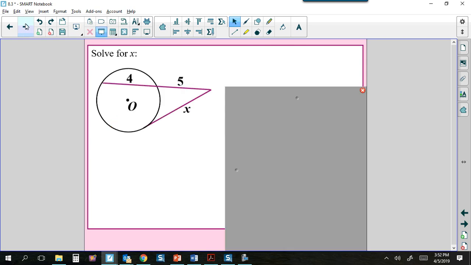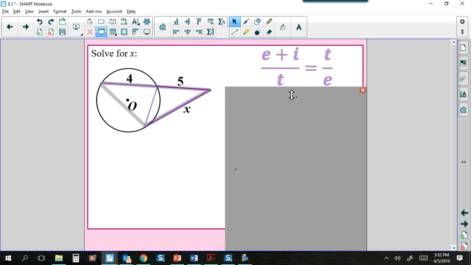And then the last problem is our secant tangent. Remember with this one, from the point of tangency to this point, I can make a triangle. If I have a triangle right here, it has a side length with the 4 and 5, and then the x. The other triangle I can make from this intersection to the point of tangency has two side lengths of x and 5.